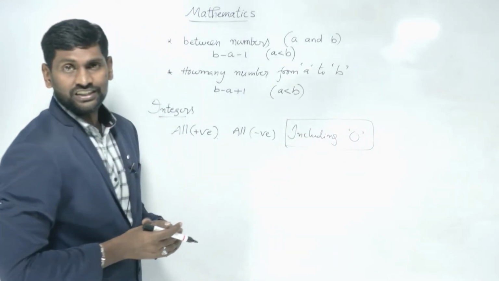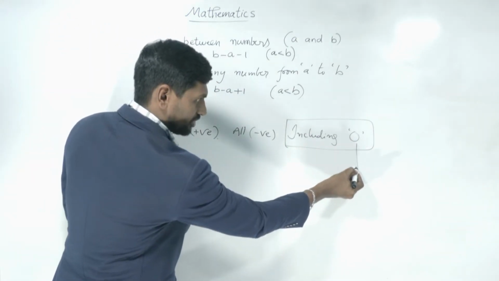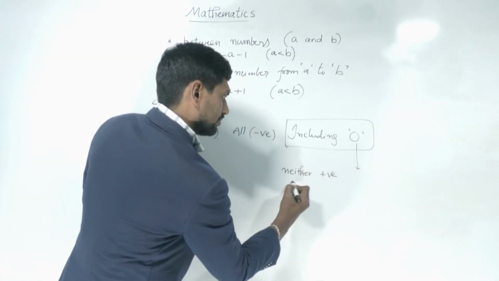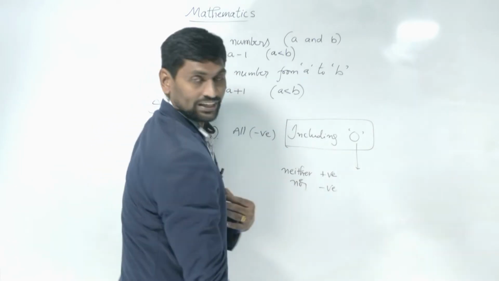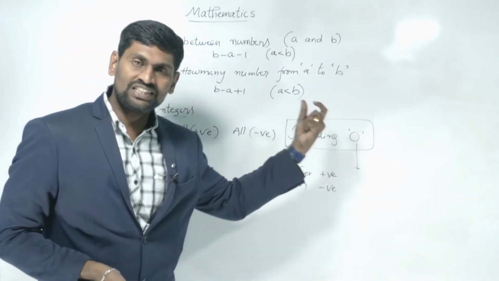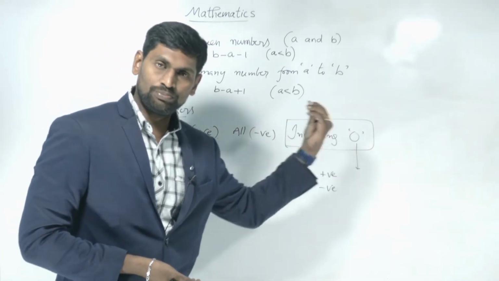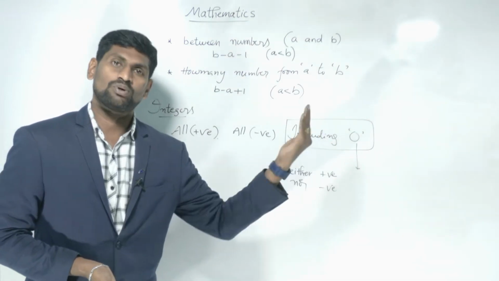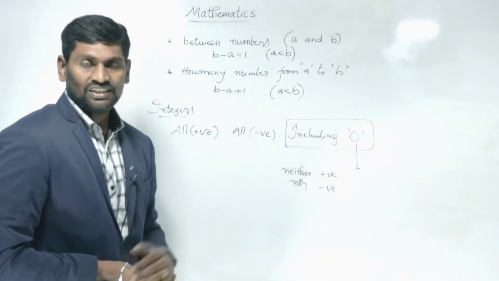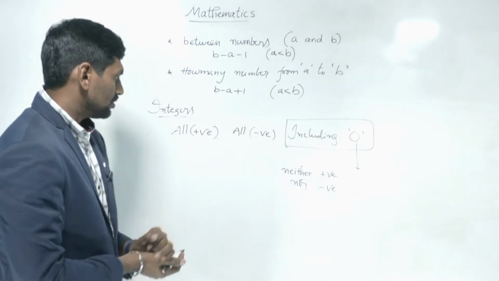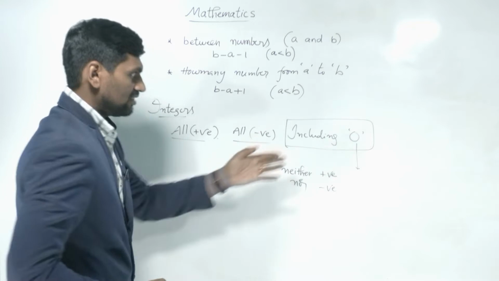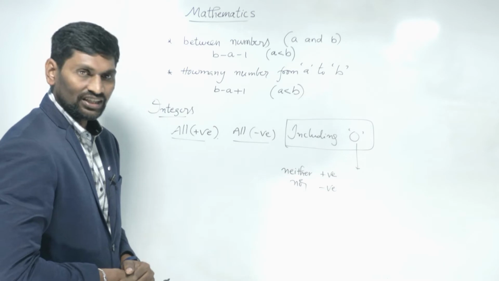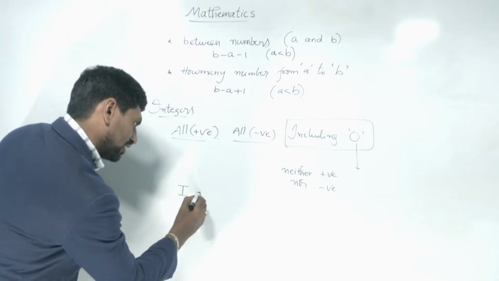That means 0 is neither positive nor negative, so we cannot give any symbol to 0. We cannot give a plus symbol or a minus symbol to 0. It does not belong to either sign. That's why all positives, all negatives, including 0, are called integers, right? These are denoted with the letters I or Z.